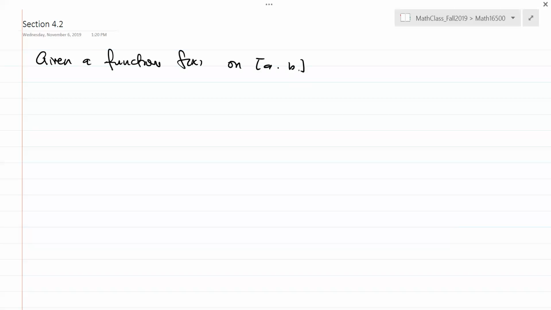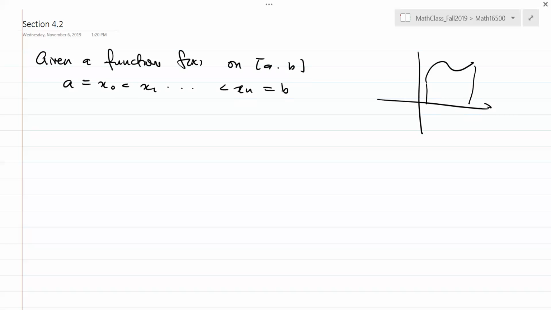So we formally define a Riemann sum. We have a partition. We do the same partition, right? Remember, if the function is positive, we try to find the area of the region under this function. So what we do is we partition the interval from a to b, and in each subinterval, we select a point, x_i star.